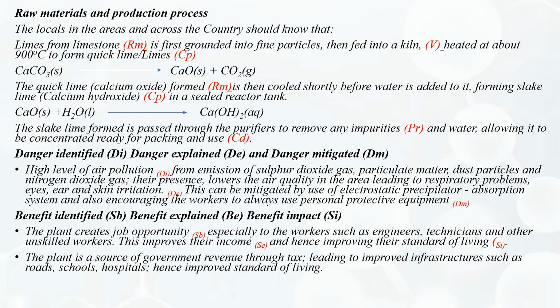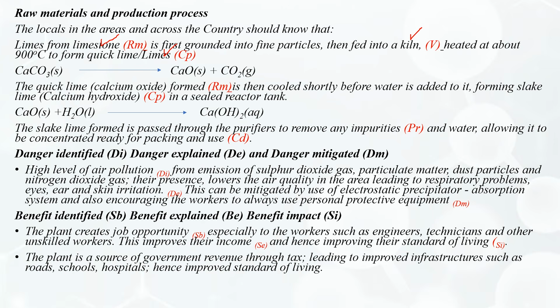The locals in the area and across the country should know that lime from limestone, that is the raw material, is first ground into fine particles, then fed into the kiln. The kiln is the vessel, heated at about 900 degrees Celsius to form quicklime.